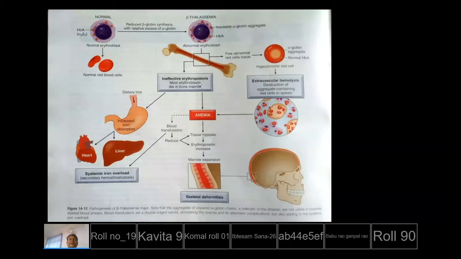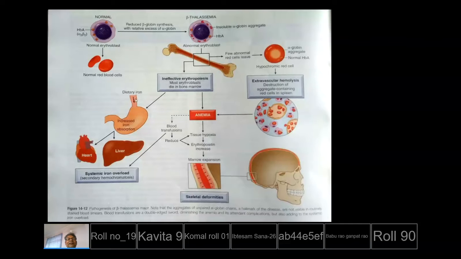Second, when there is ineffective erythropoiesis, there is increased iron absorption. You know that in iron deficiency anemia, I taught you that hepcidin is a negative regulator of iron metabolism. If there is hemolysis, ineffective erythropoiesis, extravascular hemolysis, there is decreased RBC level, there is anemia.